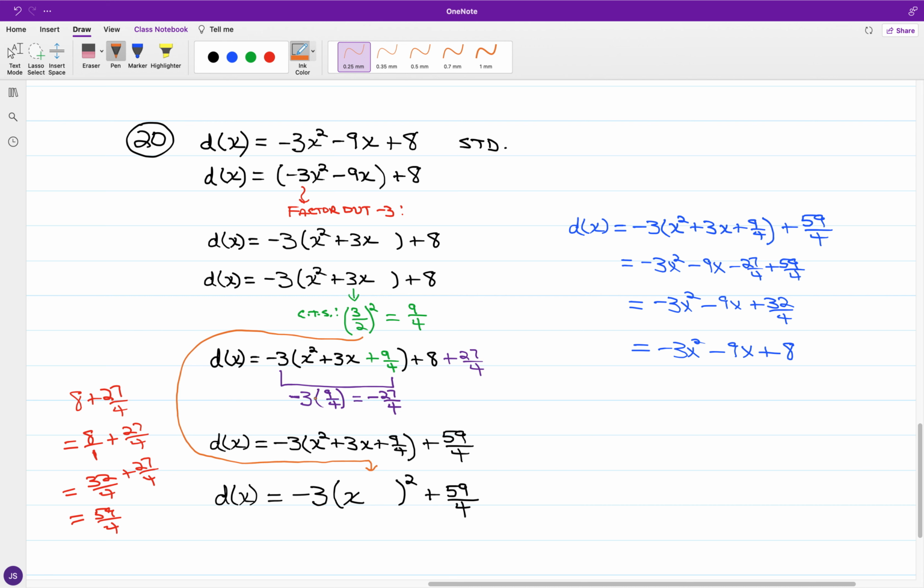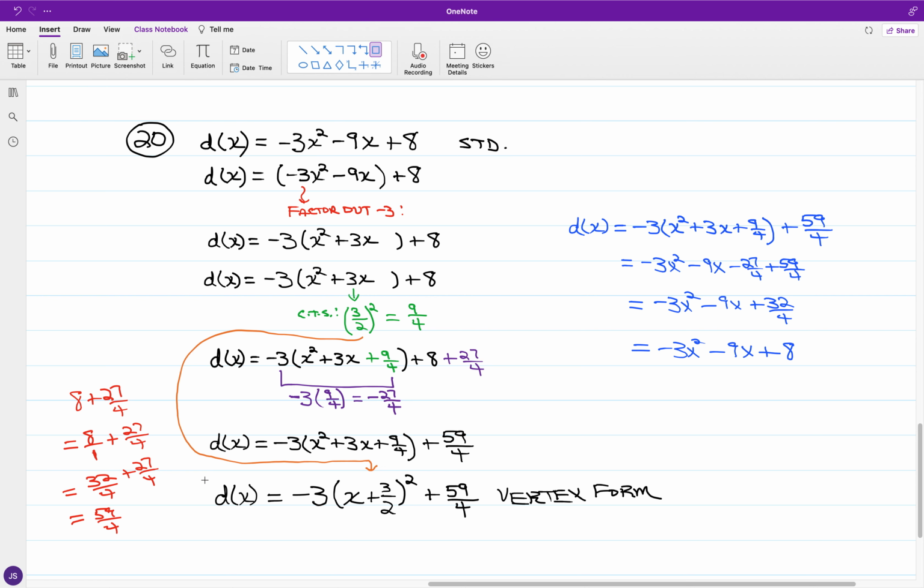So I'm going to have -3 times the quantity x plus 3/2 quantity squared plus 59/4.